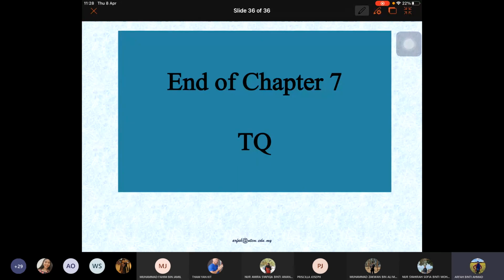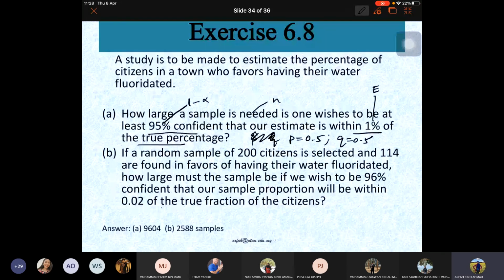So kita tengok soalan B. Dia kata, if a random sample of 200 citizens is selected and 114 are found in favor of having their water fluoridated, how large must the sample be if we wish to be 96% confident that our sample proportion will be within 0.02 of the true fraction of the citizen.